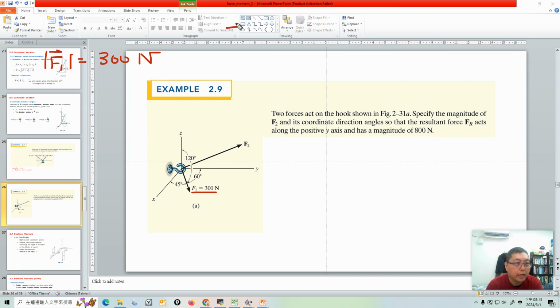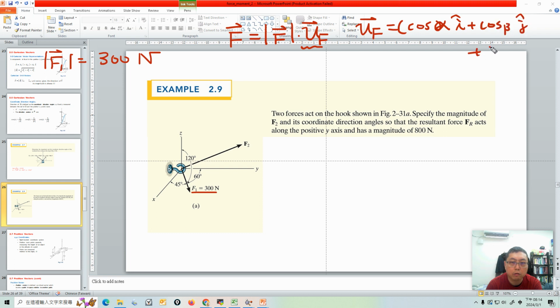We say the force vector is equal to the magnitude times the direction, and that is the unit vector of the force. Previously we said the unit vector of the force is equal to cosine alpha i plus cosine beta j plus cosine gamma k.